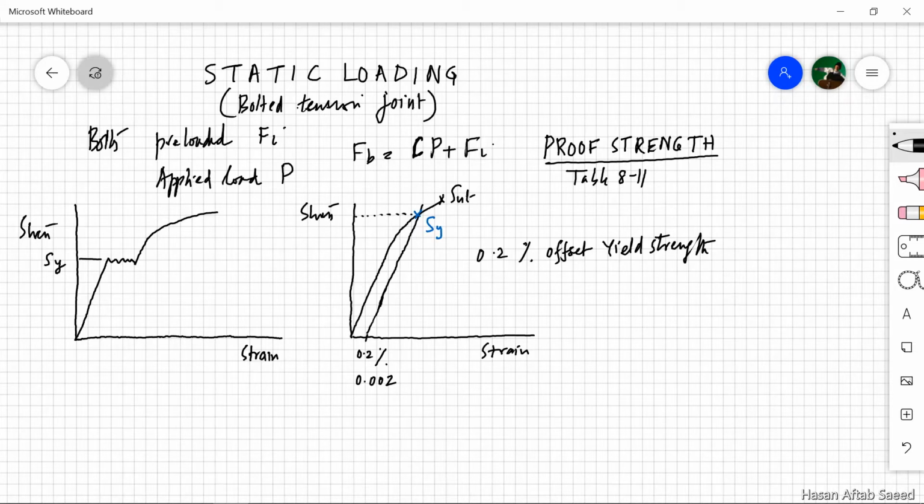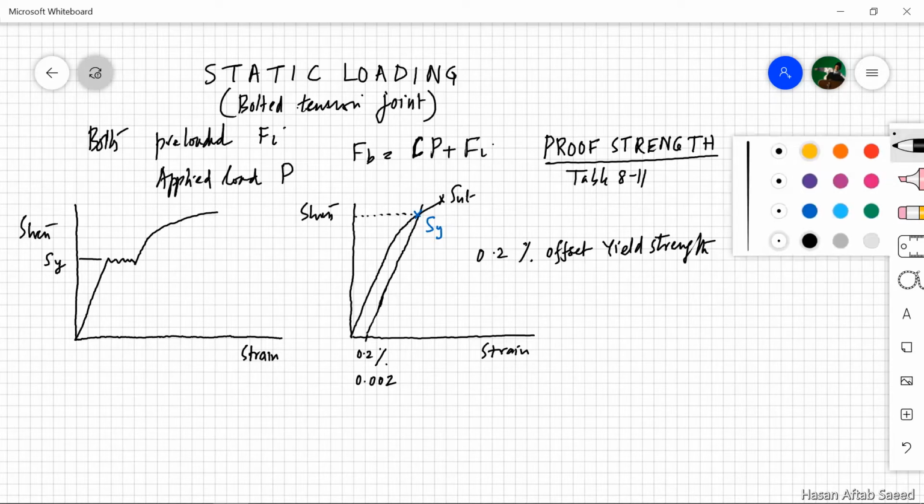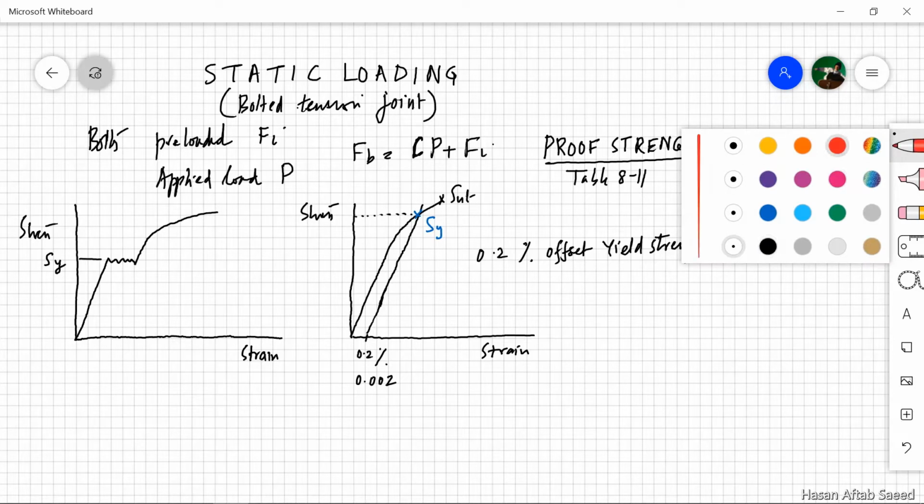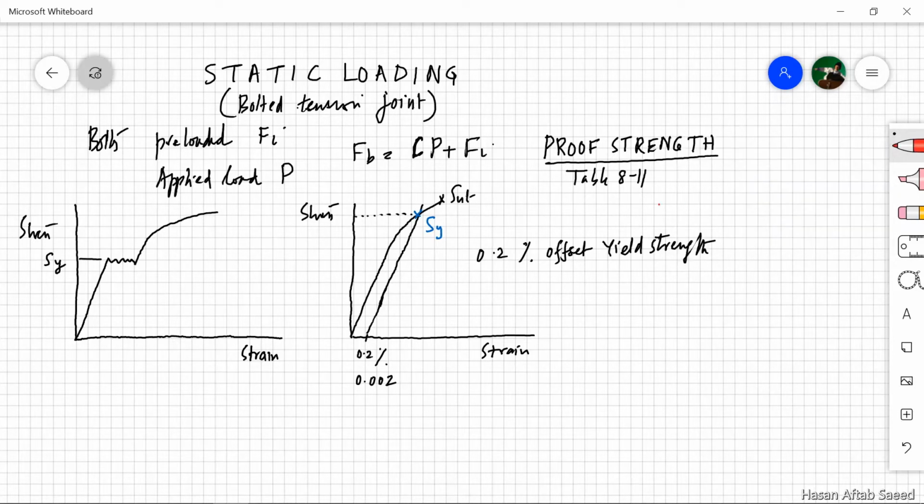What proof strength is, it is about 90% of this value. Roundabout.